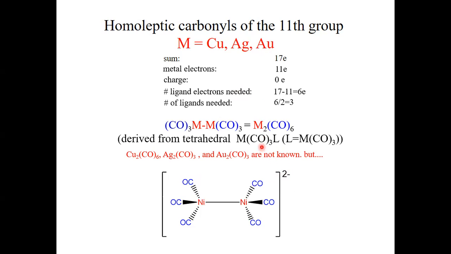In this case, neutral carbonyls are actually not stable. So the copper, silver, and gold compounds of the composition M2(CO)6 are not stable, because even in the neutral state, the metal-carbon bond is already much too weakened. But a slightly negative charge is actually ideal. For that reason, the respective nickel compound with a 2 minus charge actually exists.